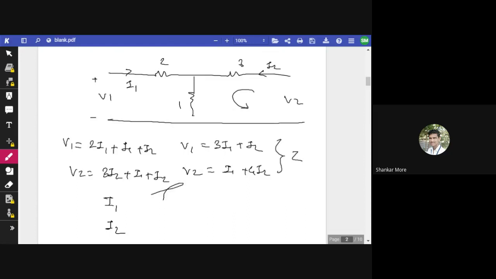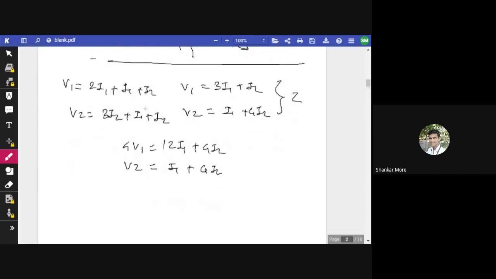How do we find it? Let us suppose we want to calculate the equation for I1. So I1 is required, V1 and V2 are required, I2 is not required, right? For that, we have to multiply the first equation by 4. So 4V1 equals 12I1 plus 4I2, and V2 equals I1 plus 4I2.